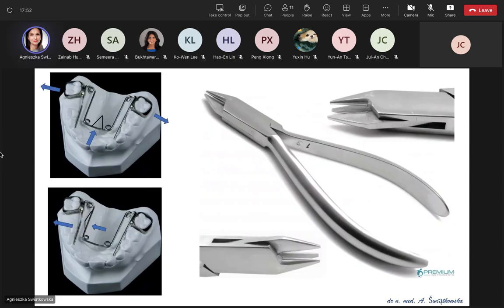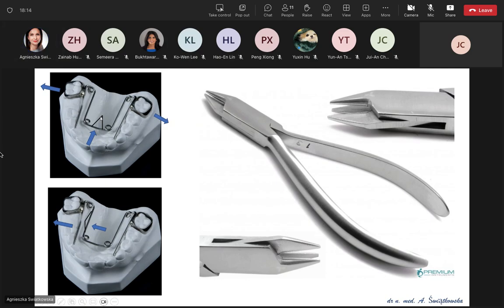Usually, we don't remove it during our visit. When the patient comes to our office on visit every month, we don't remove this appliance, but we activate it in patient mouth. What do we use? We use another instrument. It looks like this.